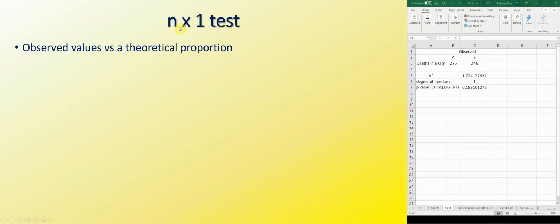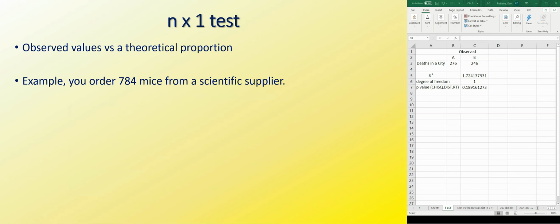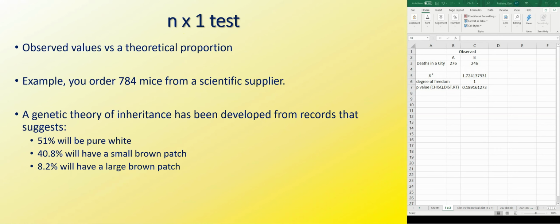And normally what you're looking at here is an observation versus a theoretical proportion. So in the textbook, the example is that an order has been placed from a scientific supplier for 784 mice. Now, over time, a genetic theory of inheritance has been developed, and that suggests that 54% of the mice that are ordered will be pure white in colour, 40.8% will have a small brown patch, and 8.2% will have a large brown patch.